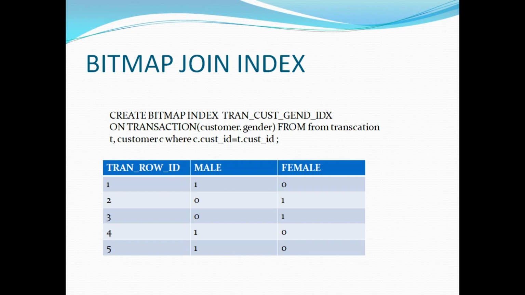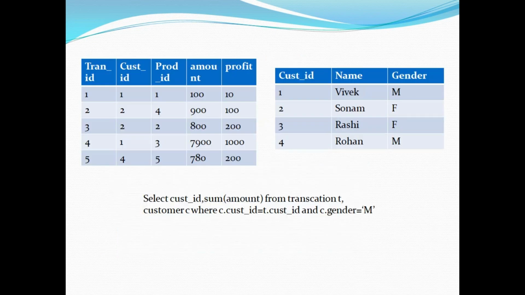So behind the scenes, what will happen? We will have a bitmap index generated. So this transaction row ID 1 is performed by a male. And how exactly was this index generated? Let's go back to our table. Transaction ID 1 is done by customer ID 1, which is Vivek, and he is a male. That's why we have this. The second transaction is done by customer ID 2, which is Sonam, and is female.